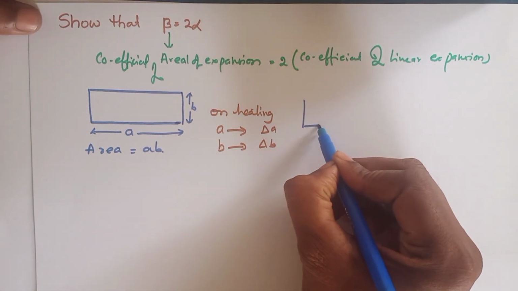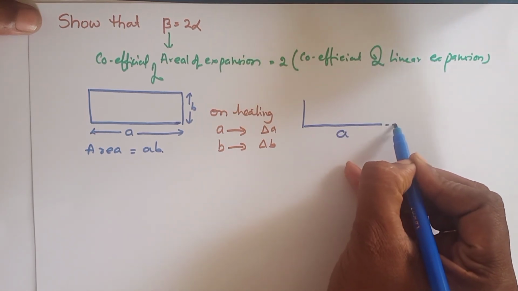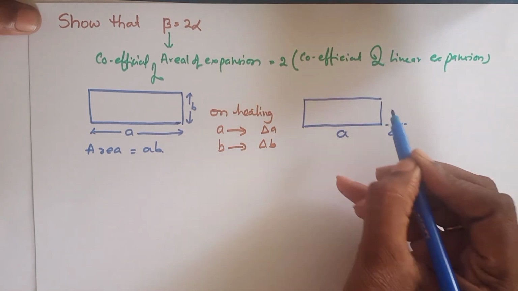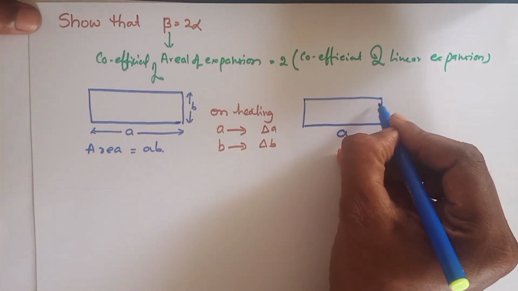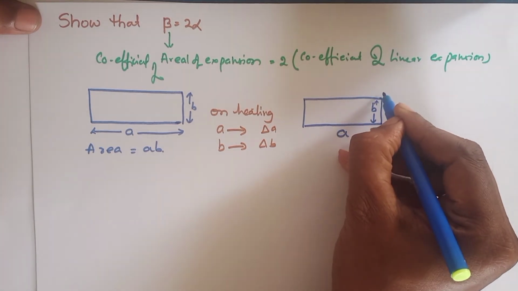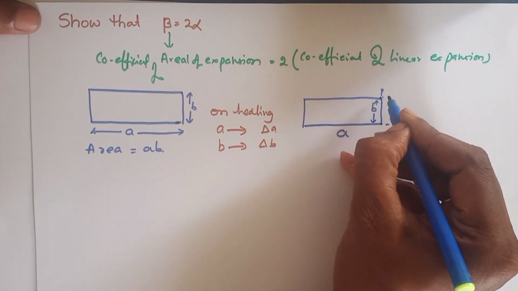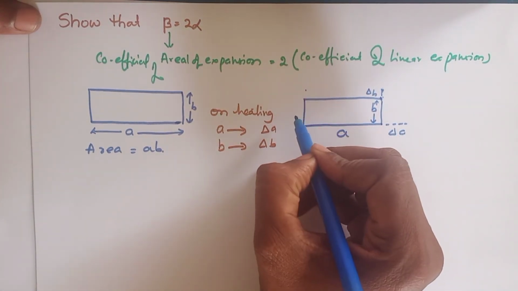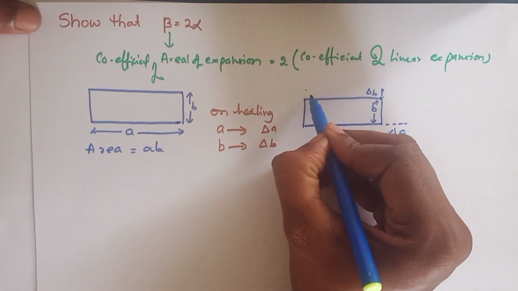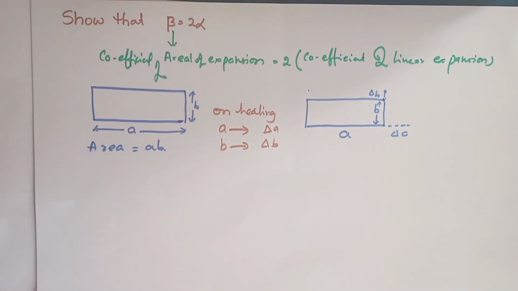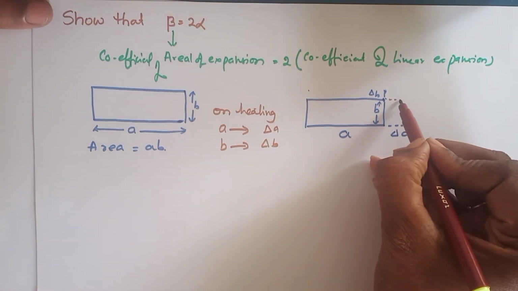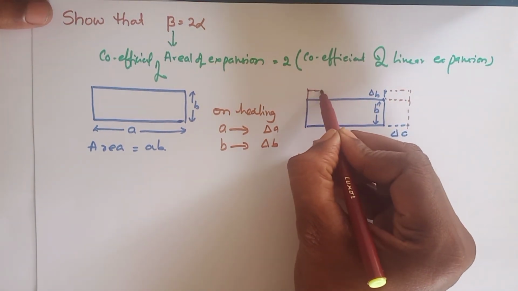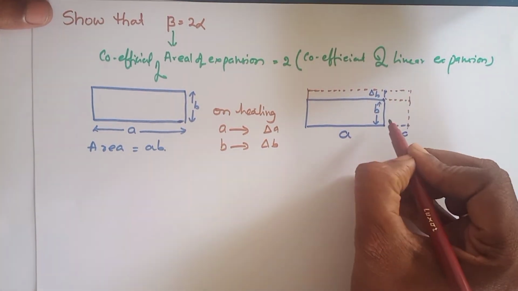On heating, up to this is A, and this is called delta A, and up to this is B. This is called delta B. Right. So now how do you calculate? This is extension. The red color dotted lines are the extensions.